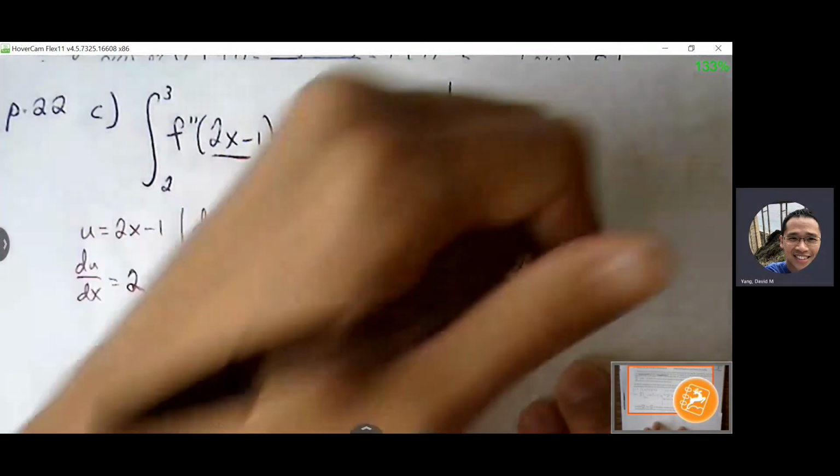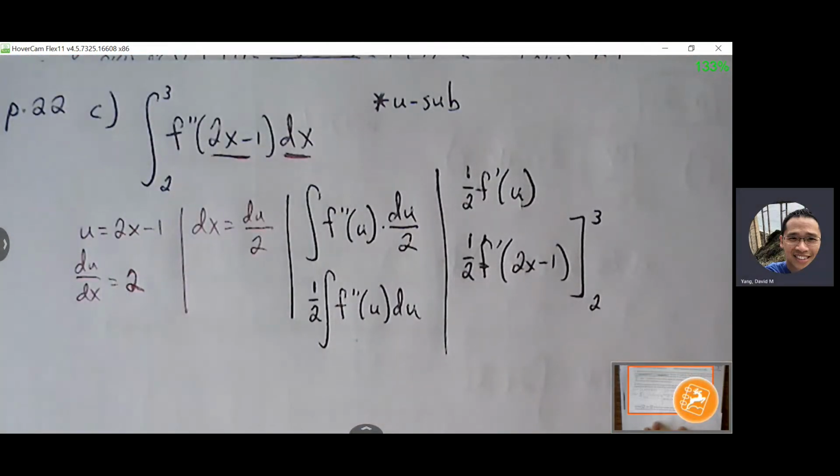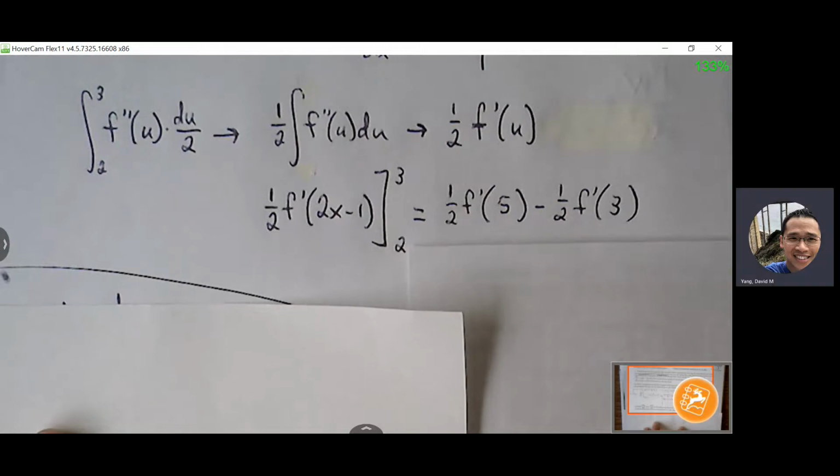Now we can work the bounds in 2 and 3. Okay, upper bound first. Minus lower bound. I get f prime of 5 minus f prime of 3. Keep track of that 1/2.